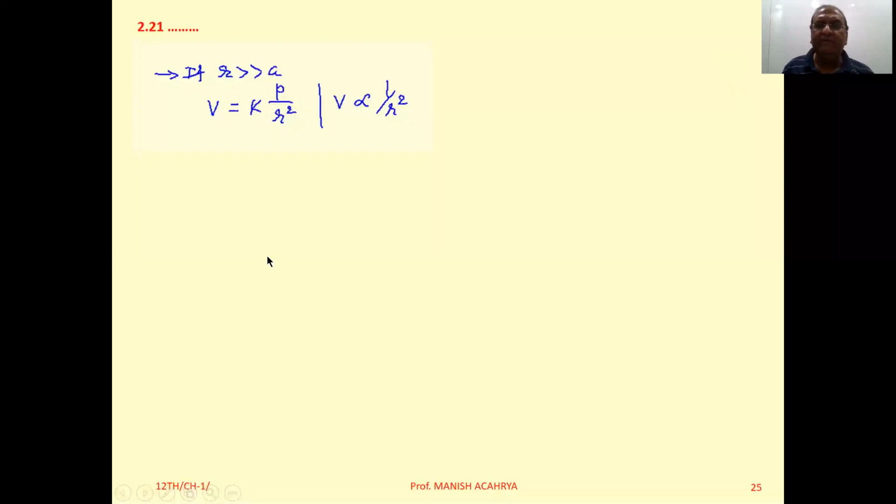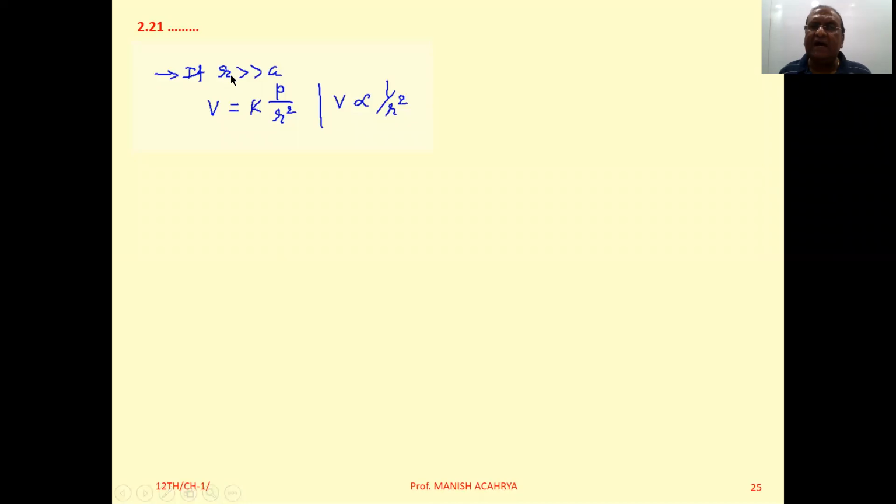Now see, we derived the equation for the potential, kp upon z square minus a square. Suppose that distance z we denote by r, then the potential is kp upon r square minus a square.